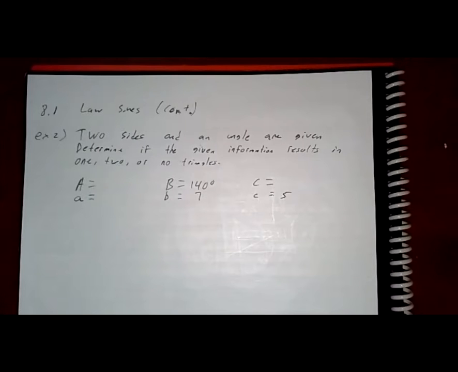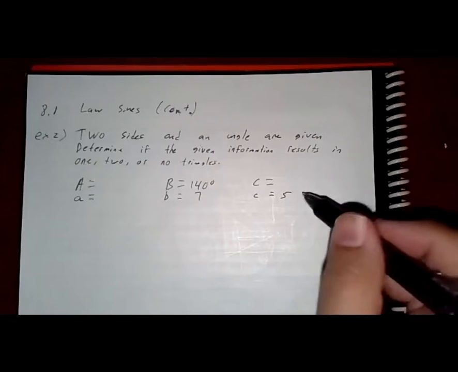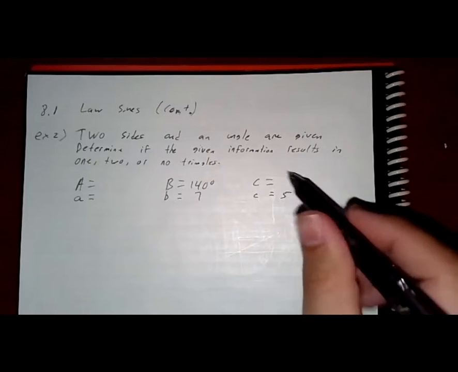So before we start, if you were doing this on your own, what angle would you solve for first? Yeah, we should find C first because we have that side, so that'll be easier to find.